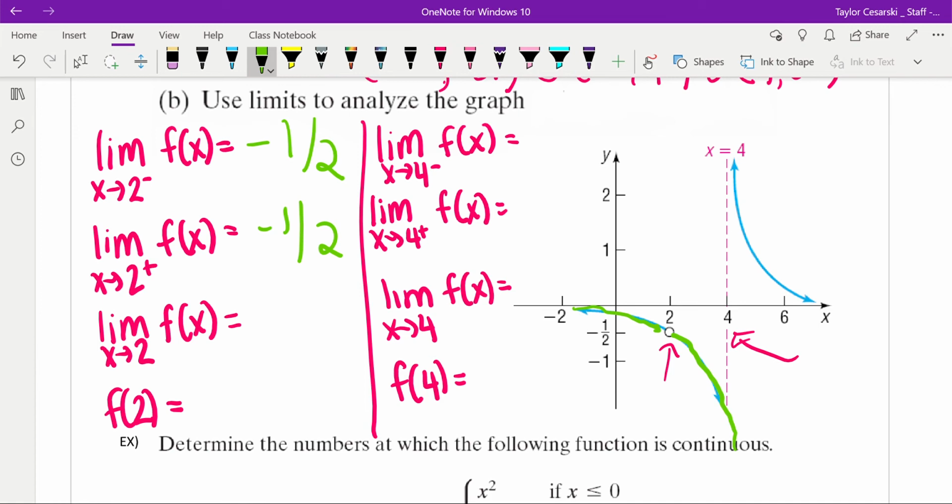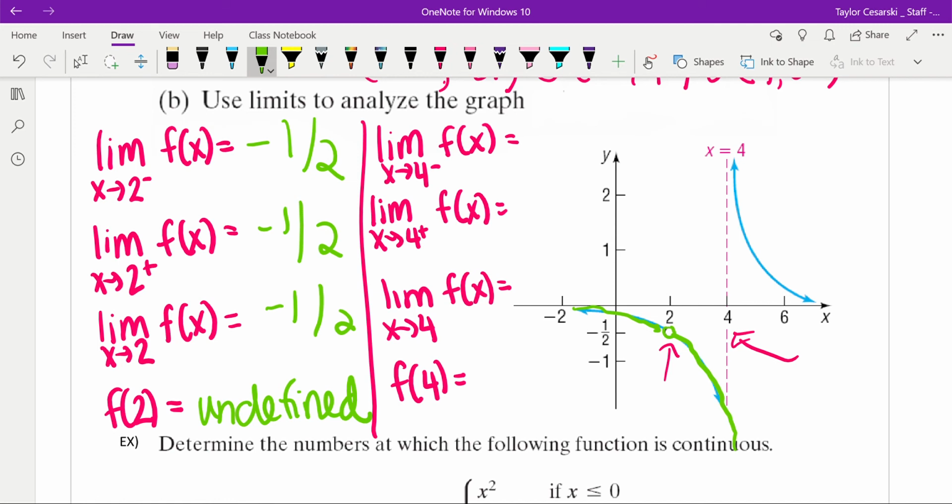Now since the limit from the left and the limit from the right are equal, the limit as x approaches 2 is also going to equal negative 1/2. Even though, if we look at f of 2, you see that there's a hole there, so f of 2 is undefined. But as long as the limit from the left equals the limit from the right, then the limit exists.